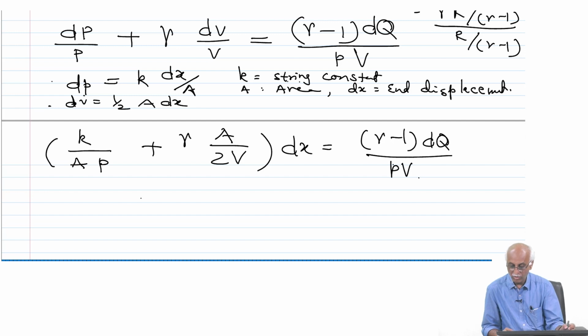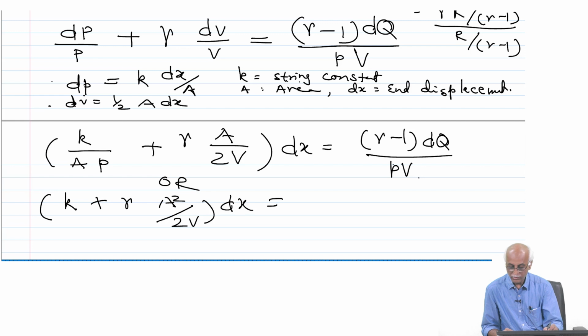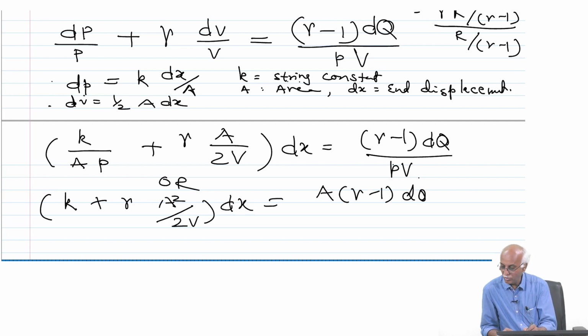Or, (k plus gamma A squared upon 2V) dx is equal to A times (gamma minus 1) dQ upon V, which is nothing but dF.